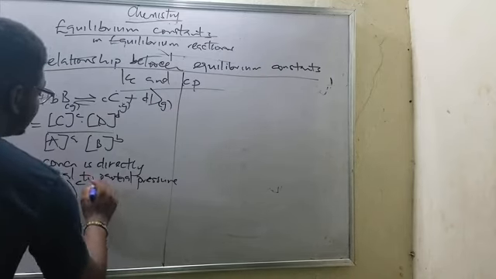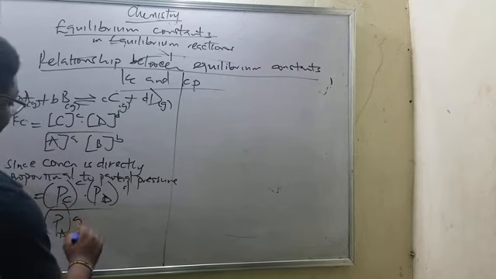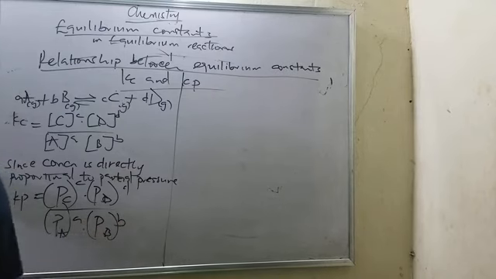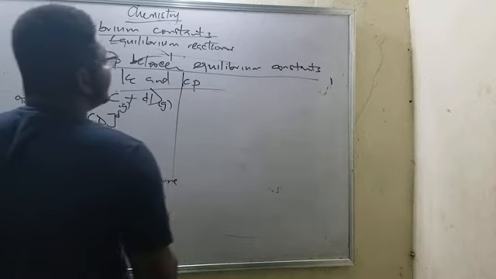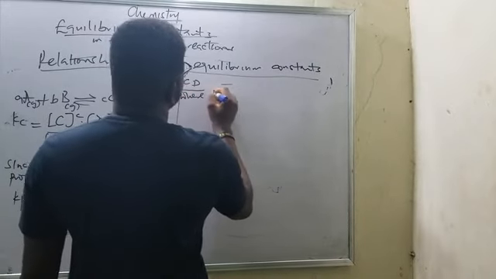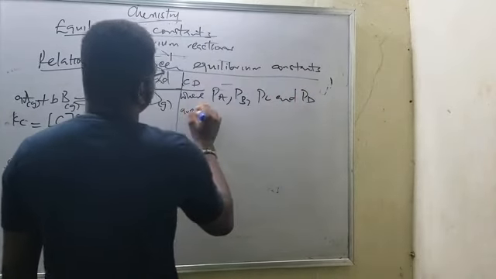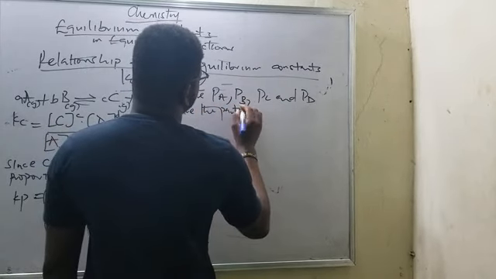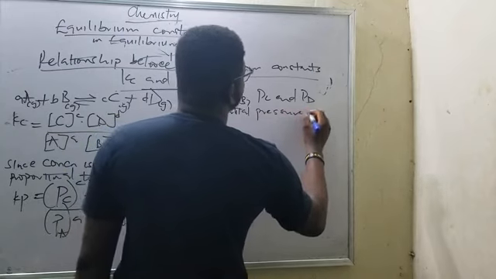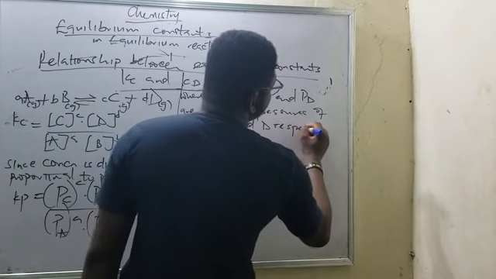Pd raised to the power of D over Pa raised to the power of A, and Pb raised to the power of B, where Pa, Pb, Pc, and Pd are the partial pressures of A, B, C, and D respectively. Okay, I think I should write that out.